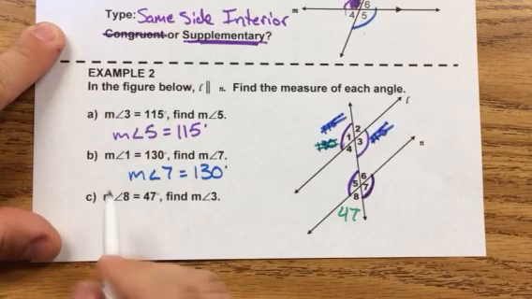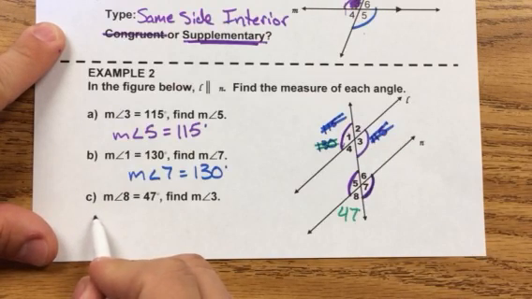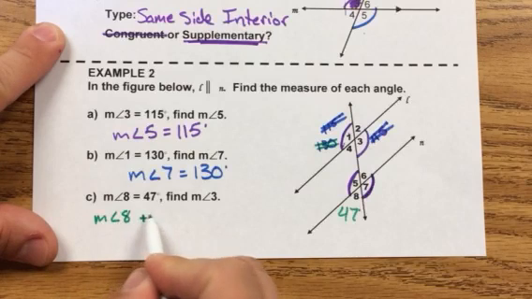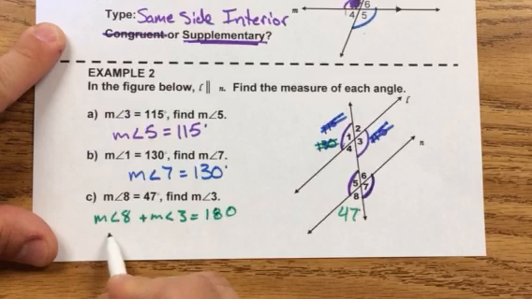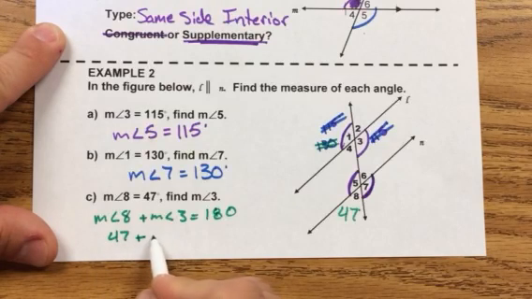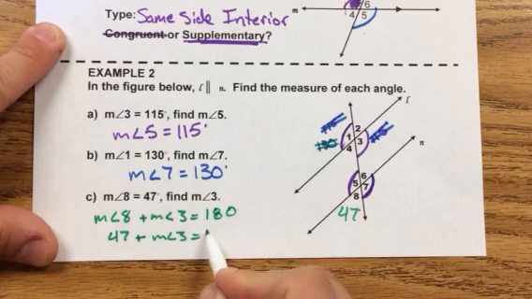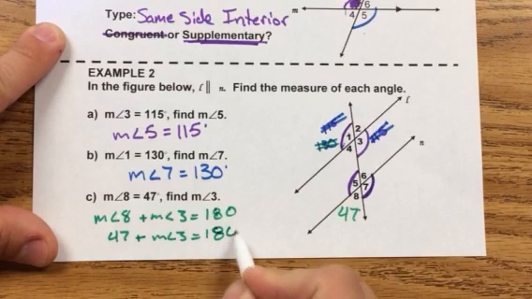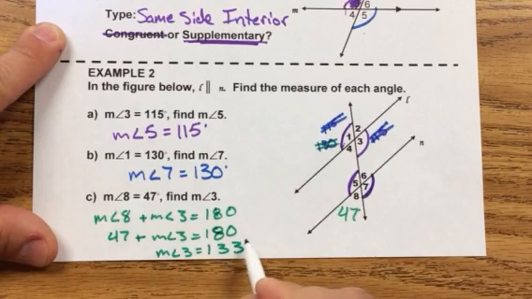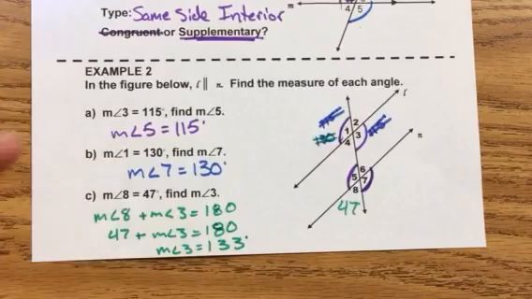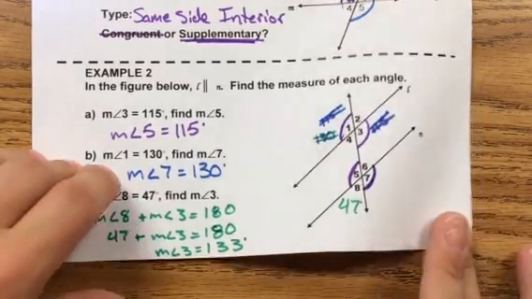So, in order to be supplementary, I'm going to say the measure of angle 8 plus the measure of angle 3 equals 180, or 47 plus the measure of angle 3 equals 180, or the measure of angle 3 equals 133 degrees. And right there is us taking and applying our angle pairs.